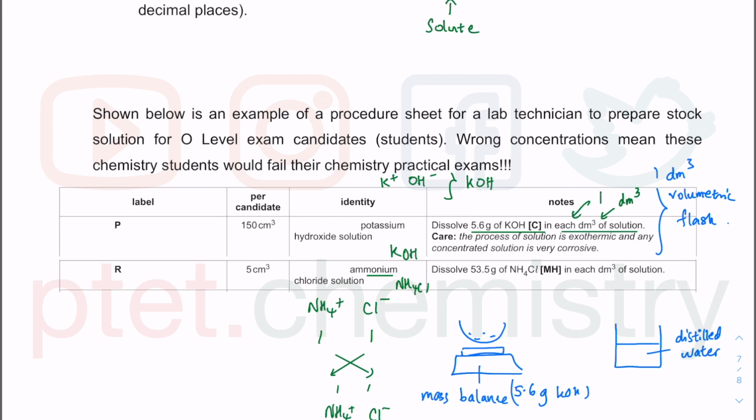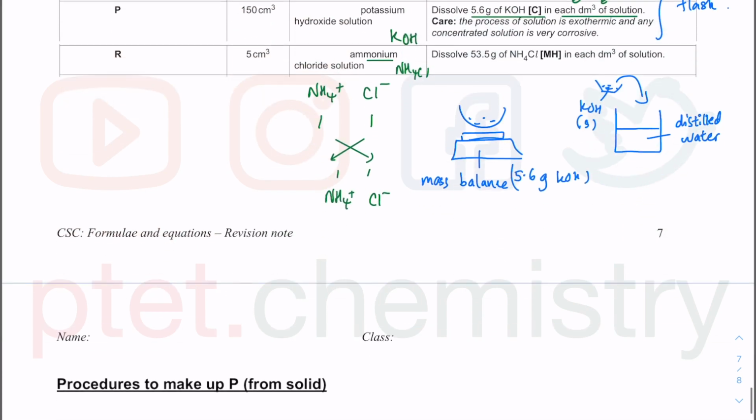Instead, there is your KOH solid. Pour it in there. You want to stir to dissolve most of it, and after that, you transfer it into the volumetric flask. This is your volumetric flask.